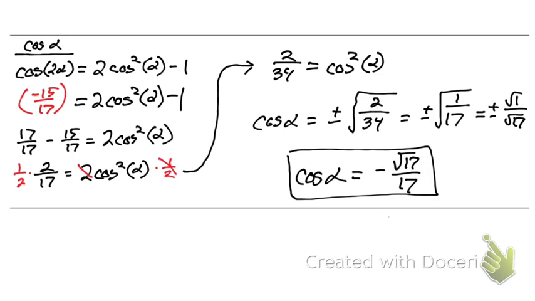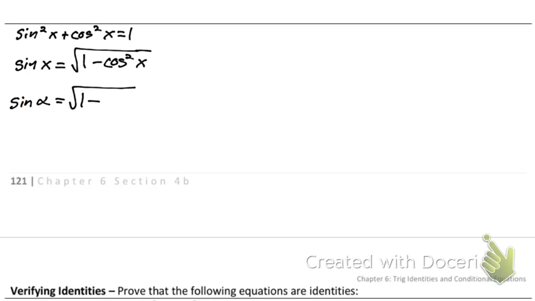It'd be much easier to plug this one in. They're all equal to cosine alpha, so I can plug this one in, I can plug this one in, I can plug this one in. This is the easiest one because it's just 1 over square root of 17. So that's the one I'm going to plug in. So we're going to say minus a negative 1 over square root of 17 squared.